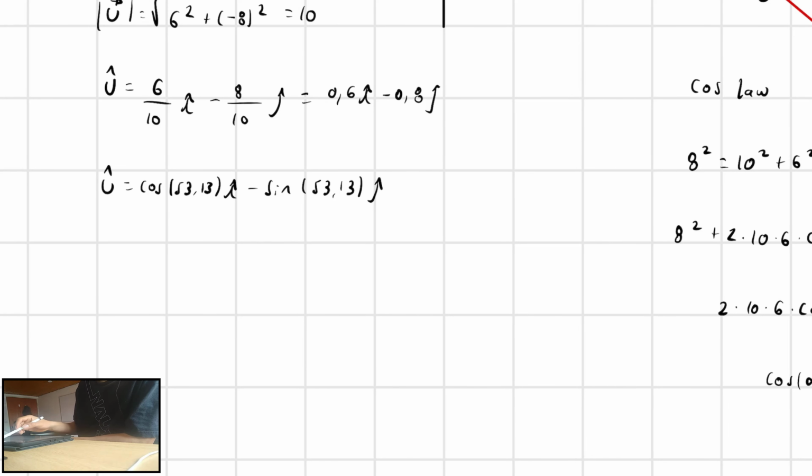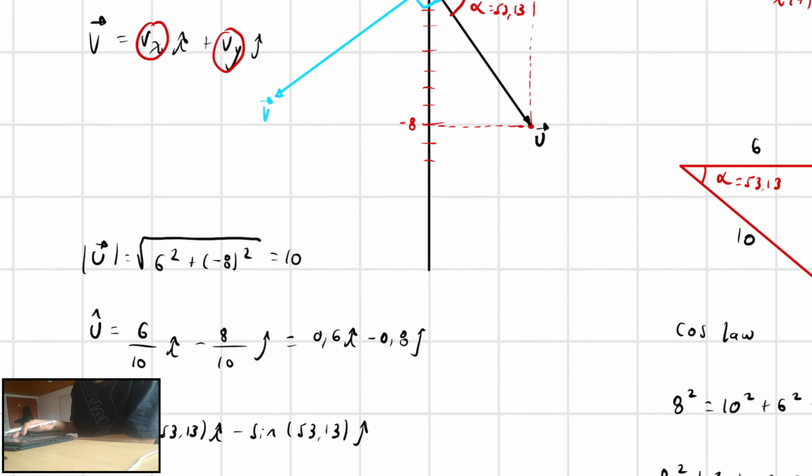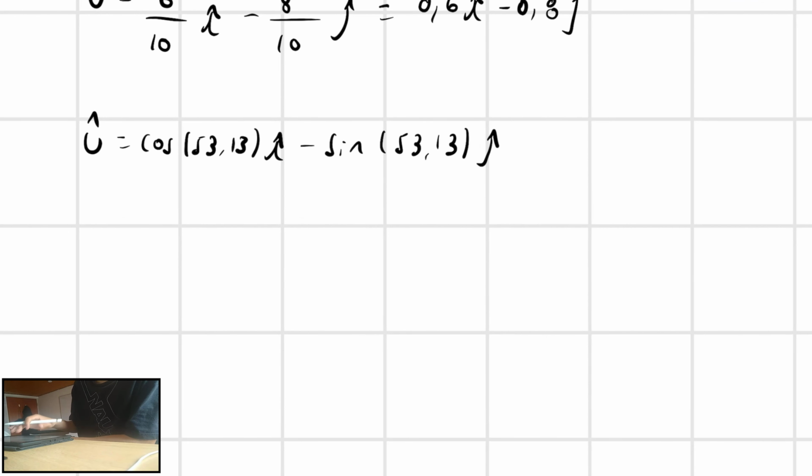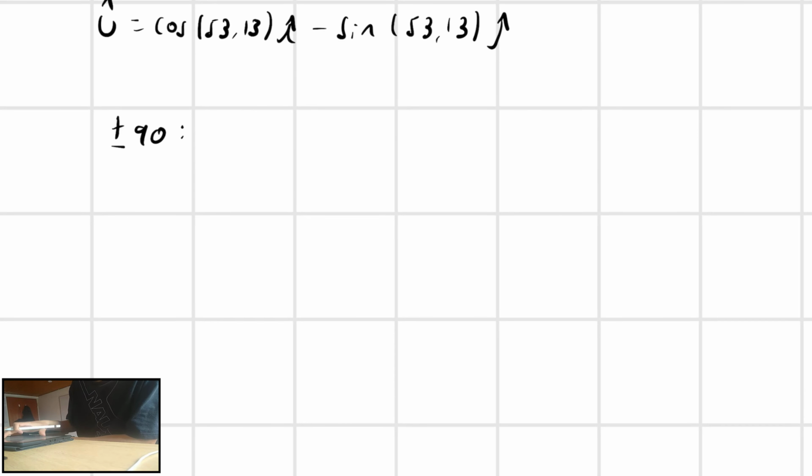Now we have to add or subtract 90 degrees because we are transforming that vector. So plus or minus 90 degrees, I'll have a solution for the vector b.